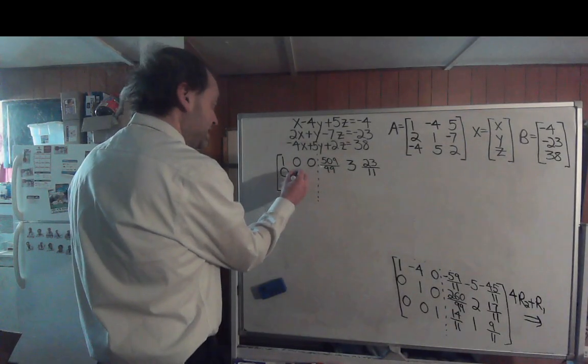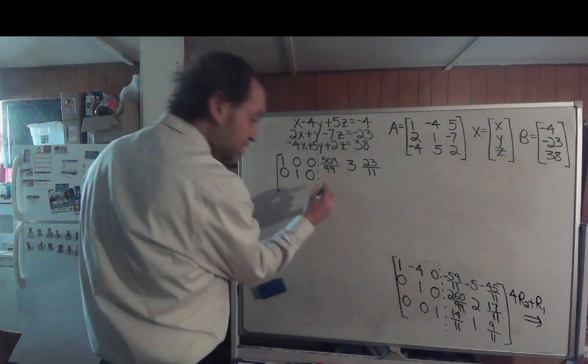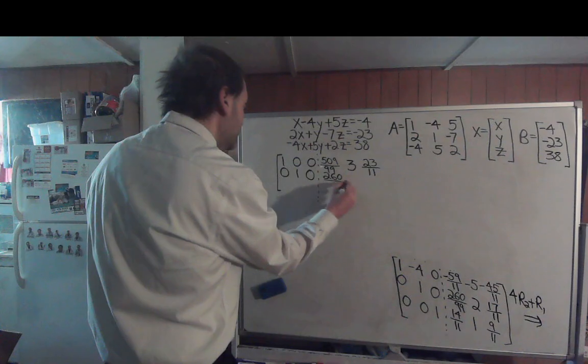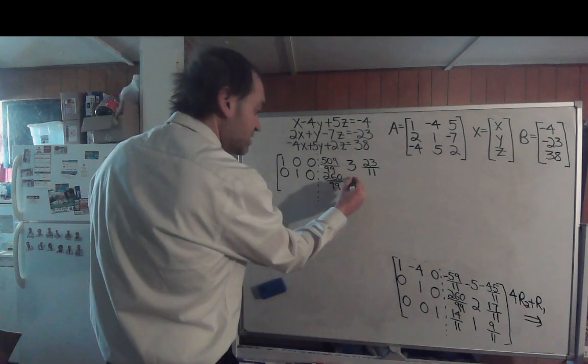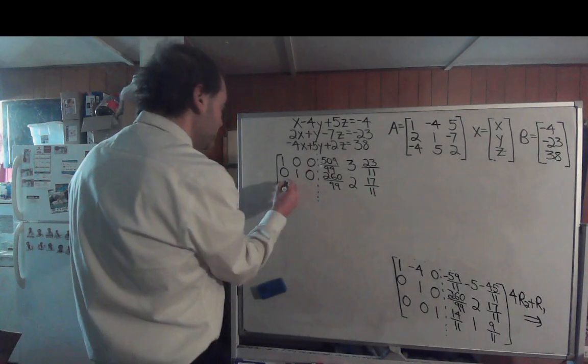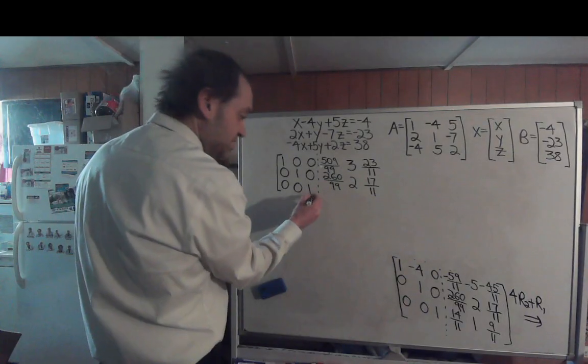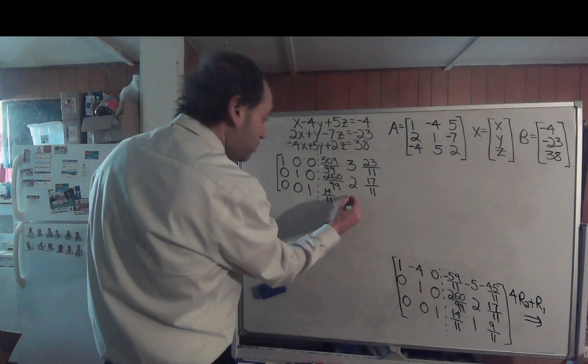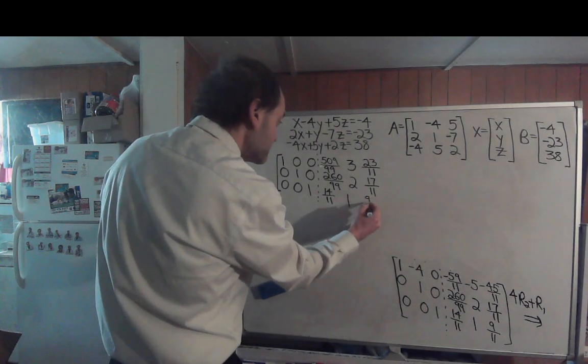We already got those reduced. So you have 260/99, 2, 17/11. Row 3 stays left alone since it's already reduced. So we have 14/11, 1, 9/11.